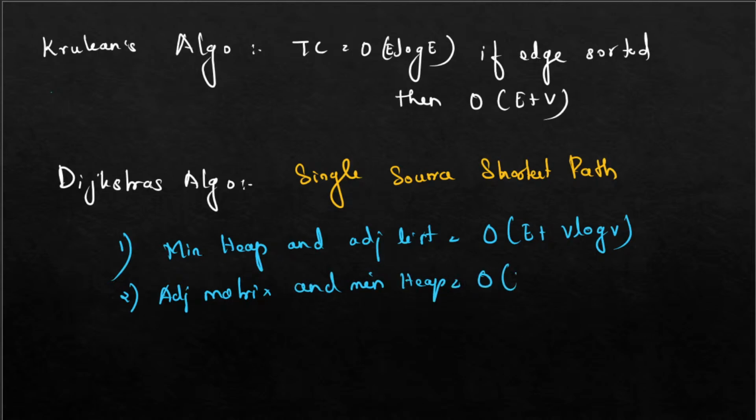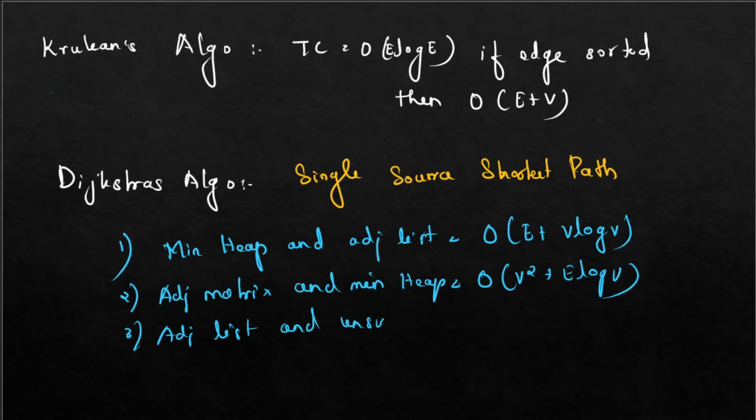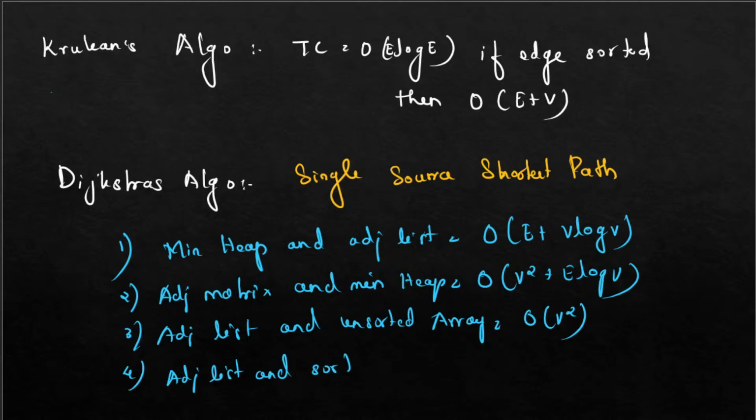So this is big O of V² plus E log V. Third is adjacency list and unsorted array, which is big O of V². Fourth is adjacency list and sorted doubly linked list. So this is big O of EV. Okay, E means edge, V means vertex.